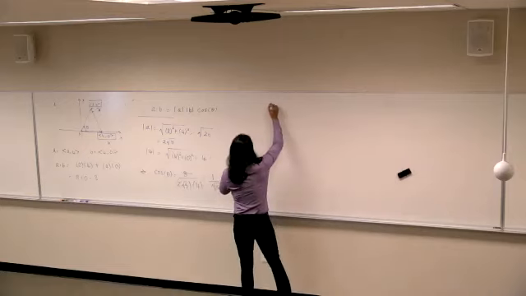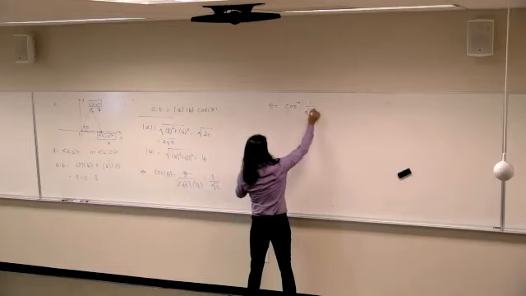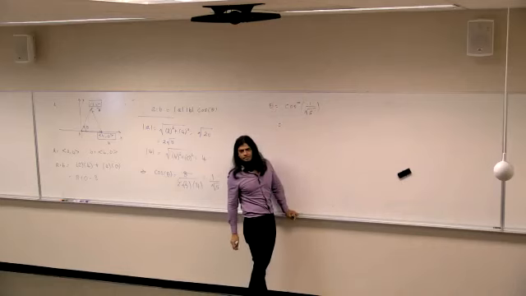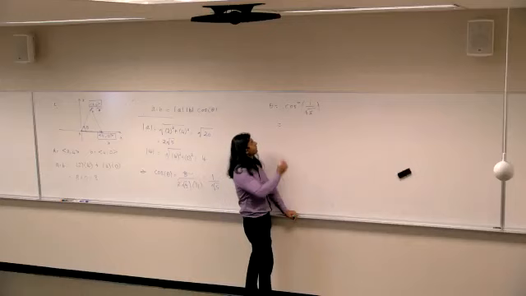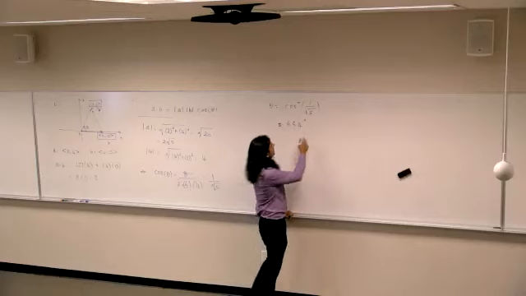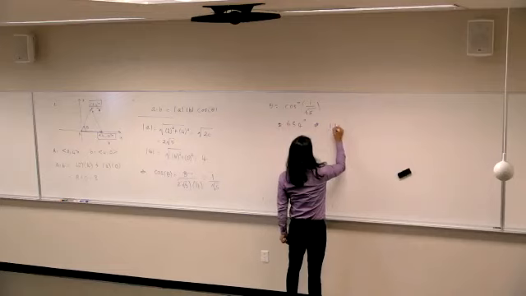So theta is cosine inverse of 1 over square root of 5, which is 63.4 degrees. And in terms of radians, 1.1.